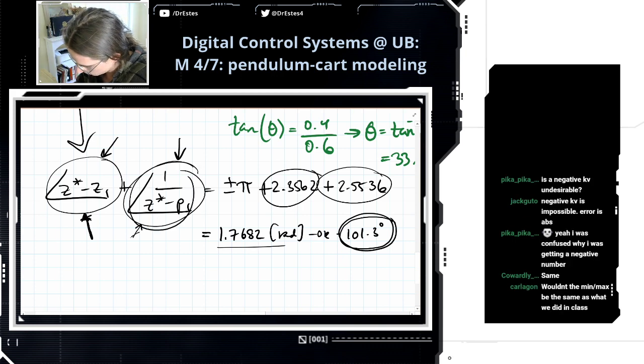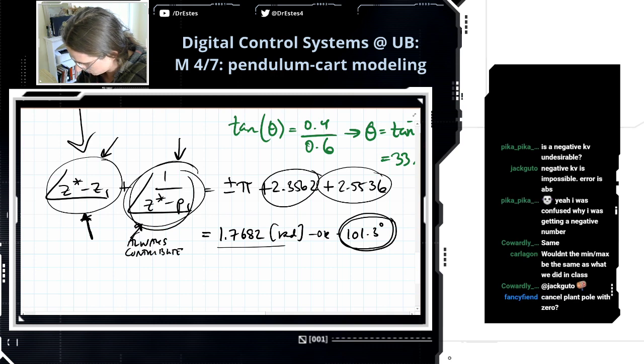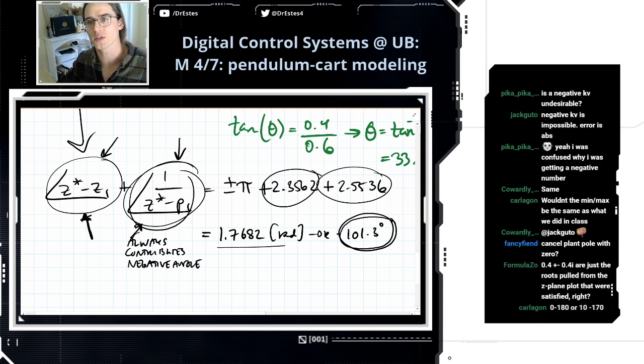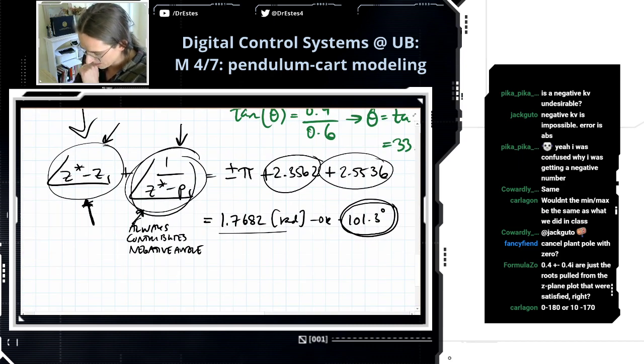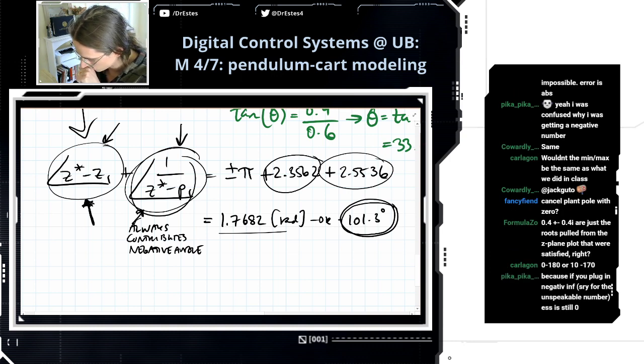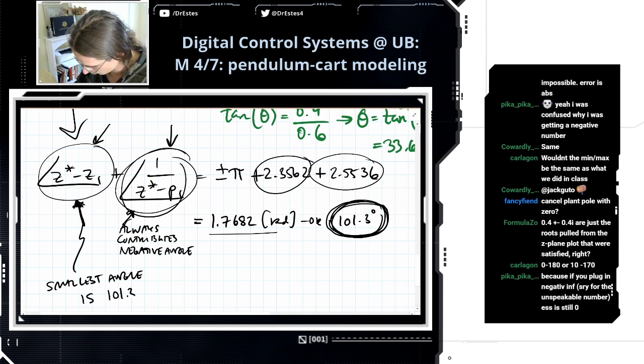So this pole always contributes a negative angle. That's just what poles do. So that means that the smallest angle I can choose for the zero, in this case, is 101.3 degrees.